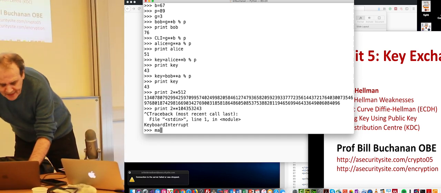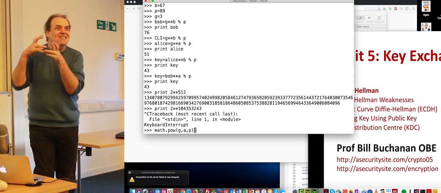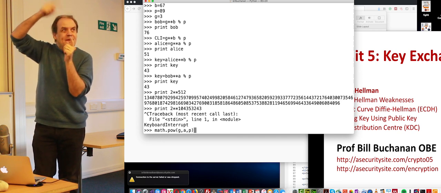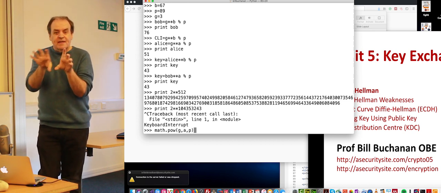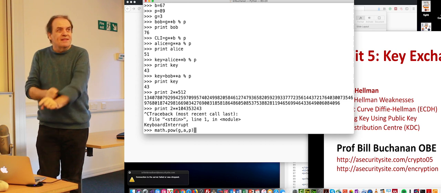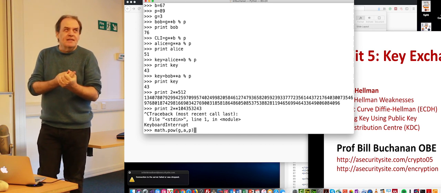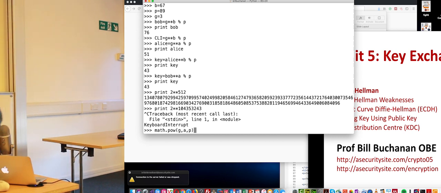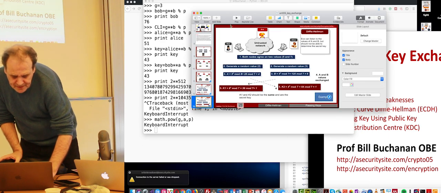There's a method called pow, with g to the power of a mod p, and it has a special method that doesn't do a to the power of b, because that would take too long. It does a special thing that's very quick. Have a look at the difference between the two methods, and you'll find one will eat up all your CPU and take hours, and the other will do it very quickly. That's the core of that method.